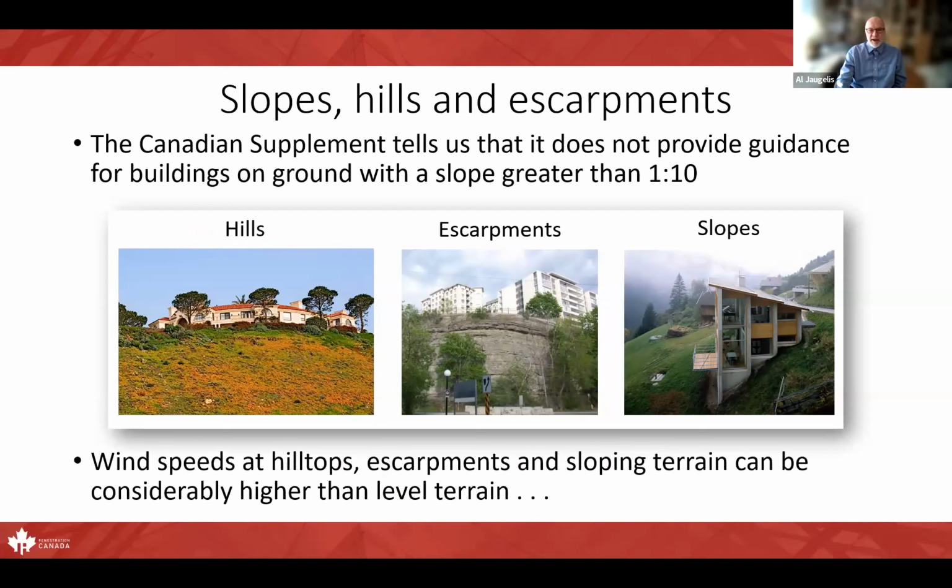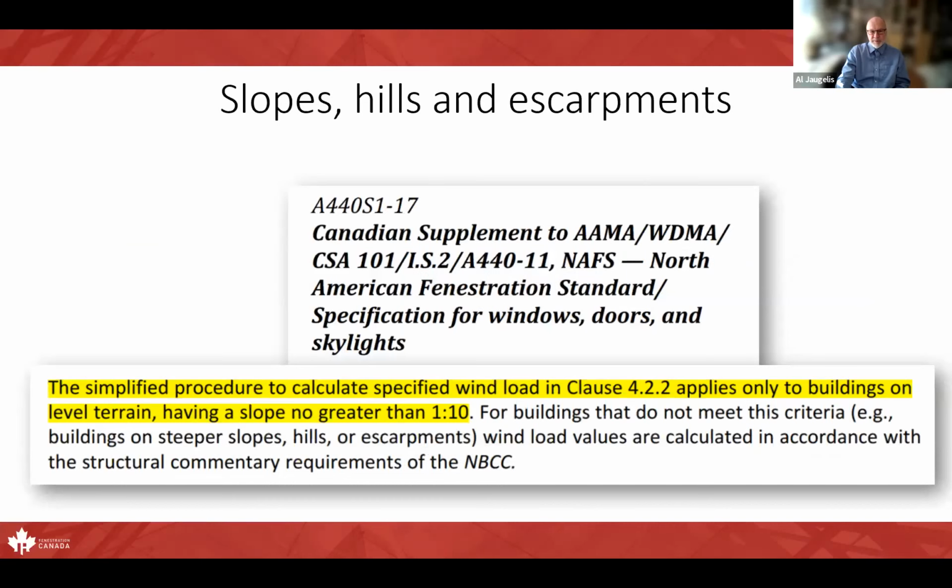These are conditions where you need to get an engineer involved to examine the specific size and shape of the hill and other factors to determine what the actual wind speed would be. So you need to be aware that even though the methods of the Canadian supplement apply in most cases, there are cases where they don't. And it's really important to know when that is.